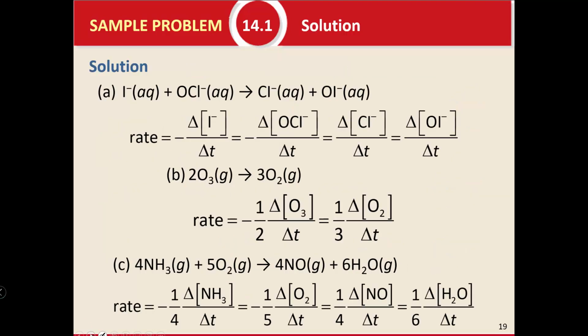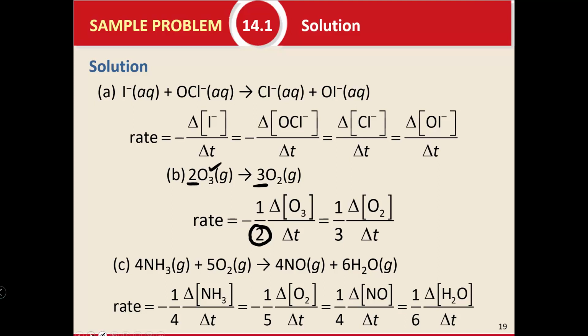So let's look at our answers here. And they look correct. Let's look at the second one. So here you see a coefficient of 2 and a coefficient of 3. Here's where you see the correction factor. So ozone, again, if you don't know that's ozone, make sure you know that one. It's going to come up more than once in this class.